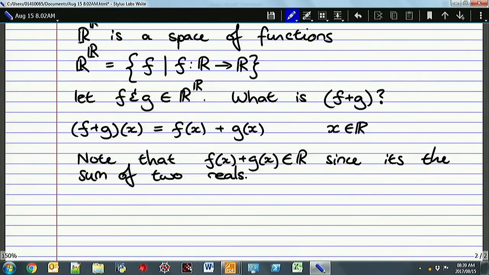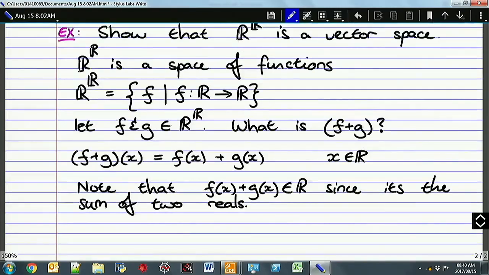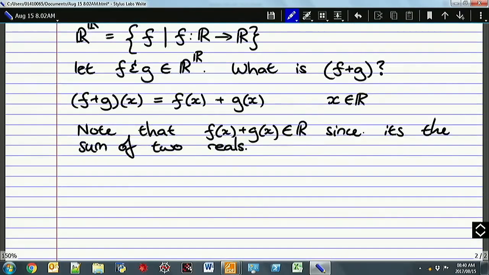It's defined for every real value x because each of these individual pieces, f of x and g of x, are defined for every real value x. We know that because they belong to this space of functions, which takes in any real number and gives out some real number. So we just rely on the properties that are inherited from the original functions we're adding together.